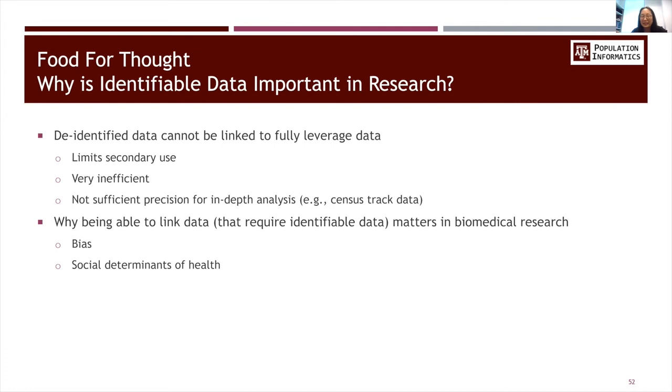Often, and this actually has a lot of intersection with data science, because data science by definition often is not about collecting large data sets, it's about using large existing databases in new ways that you can answer research questions that weren't thought of originally. And so a lot of data science is about secondary use. The more you clean, de-identify, aggregate data for privacy, the less utility there is for secondary use.